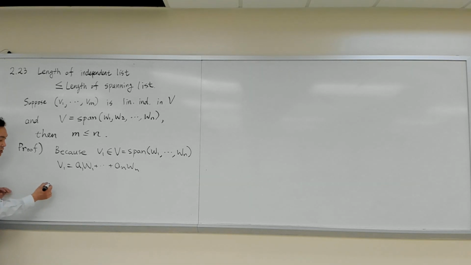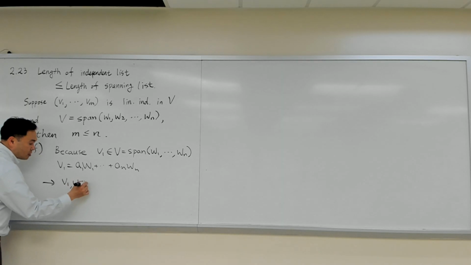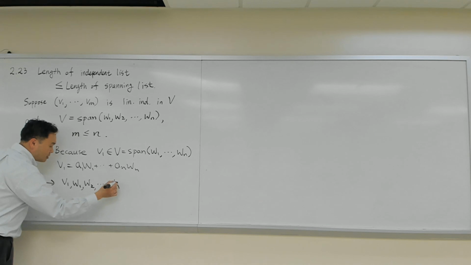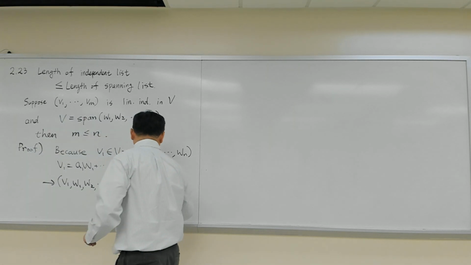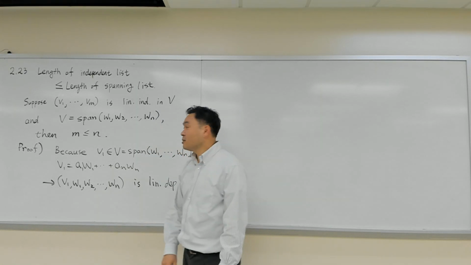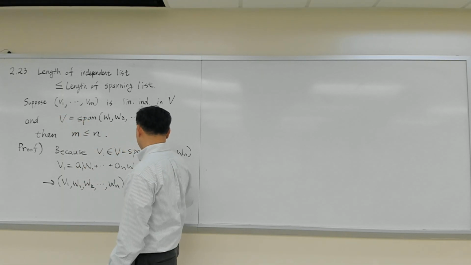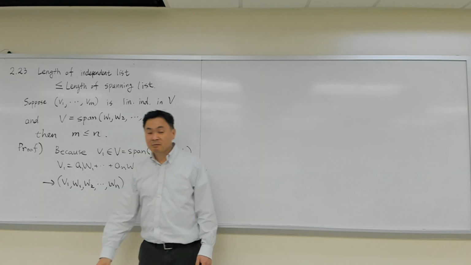So in other words, this means that V1, W1, W2, through Wn is linearly dependent. I took the first element, attached it here, and this is now linearly dependent.